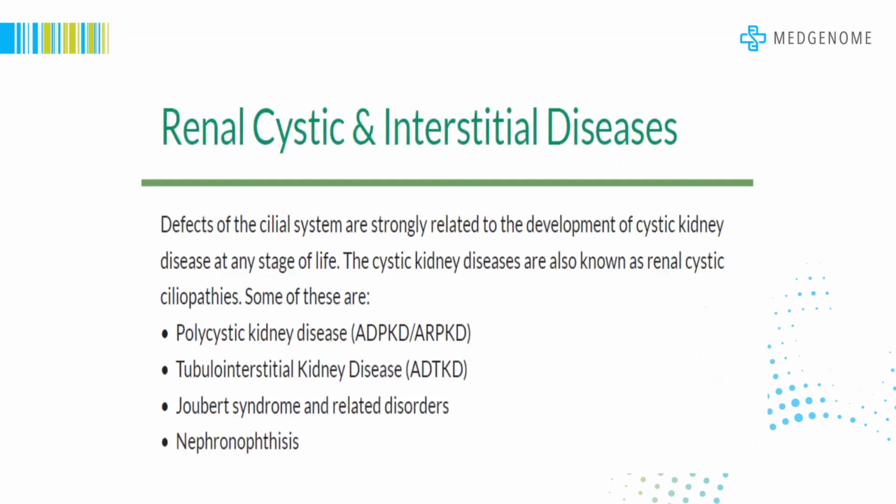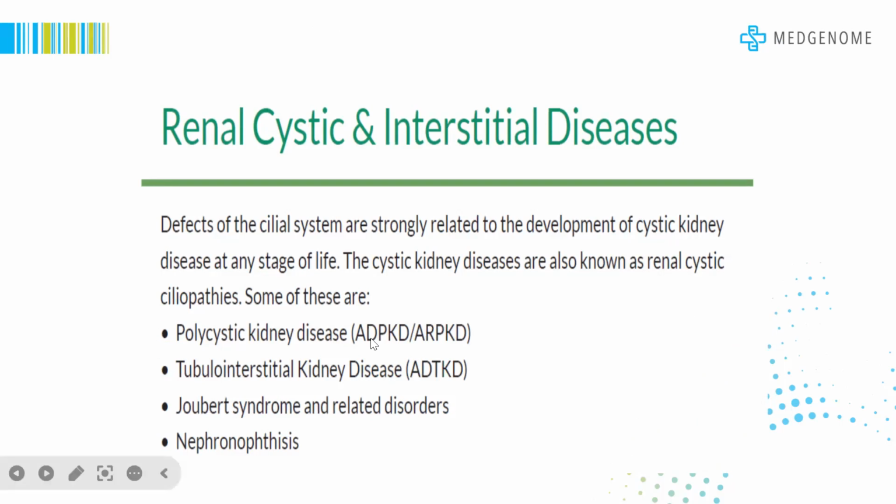Now, what are the different genetic nephrologic disorders? It may be renal cystic and interstitial diseases. Being nephrologists, all of us know what these are: polycystic kidney disease, tubulointerstitial kidney disease, ADTKD, Joubert syndrome and related disorders, nephronophthisis.